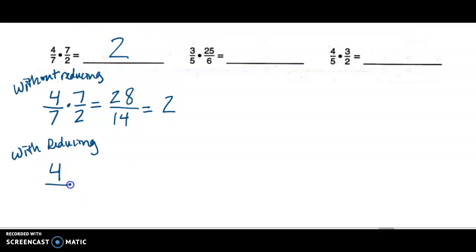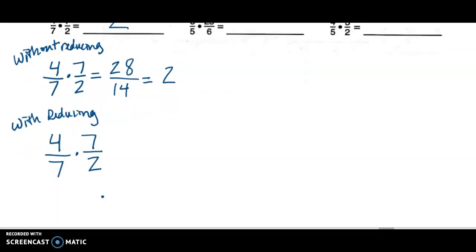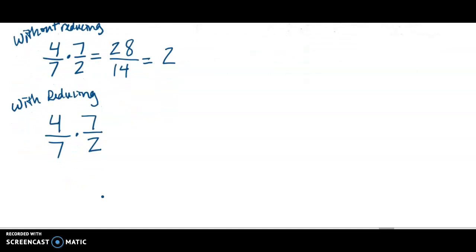Okay, so here's 4/7 times 7/2. What I notice is that I have 7s on the top and the bottom, and I have 4 and 2 on the top and the bottom. That means I can reduce them first. The 7s can both be reduced by 7. If I divide this 7 by 7, I get 1, and if I divide the other 7 by 7, I get 1.